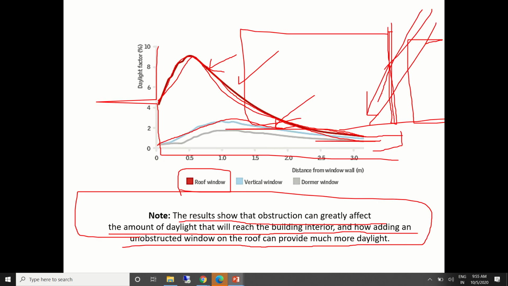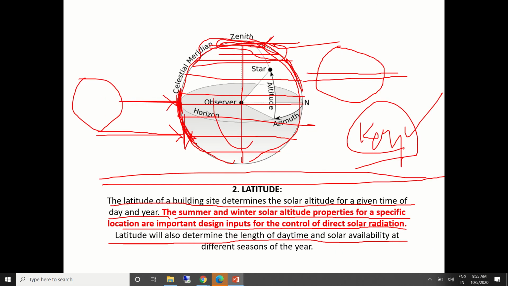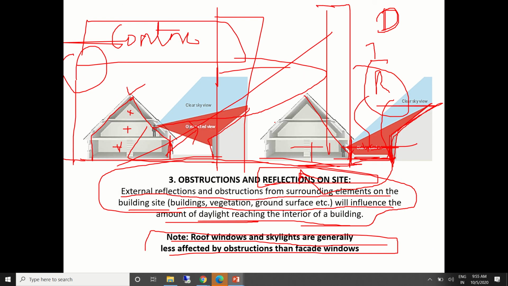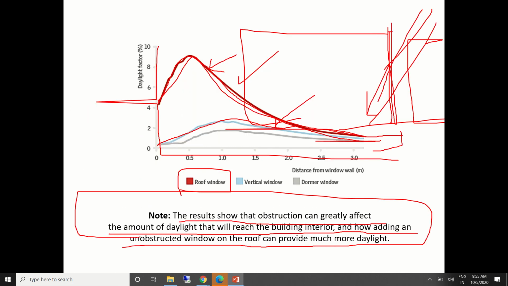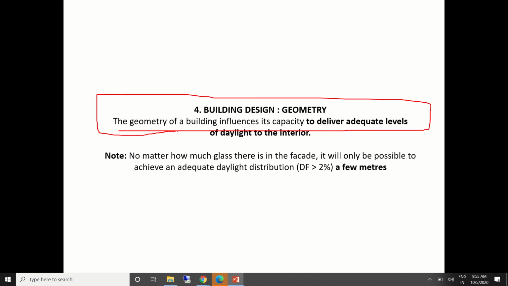So we have seen three things. First one is climate. Then we talked about latitude, and we also talked about obstructions. And the fourth thing is building geometry. Building geometry we discussed in the last class, and in the passive design strategy also I told you this is one of the most crucial parameters in all aspects.